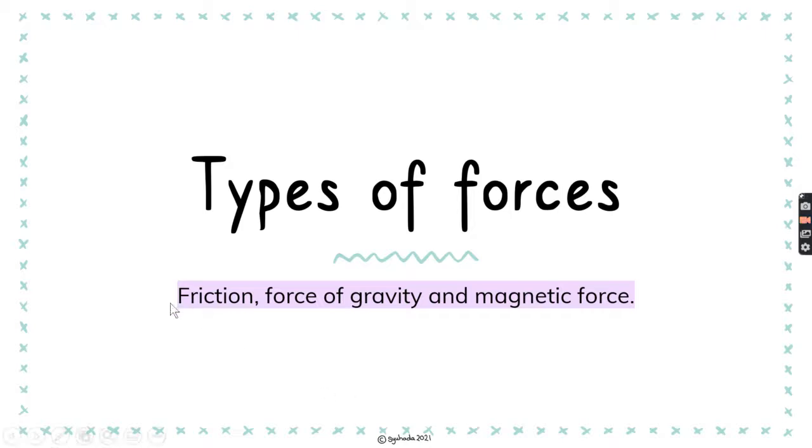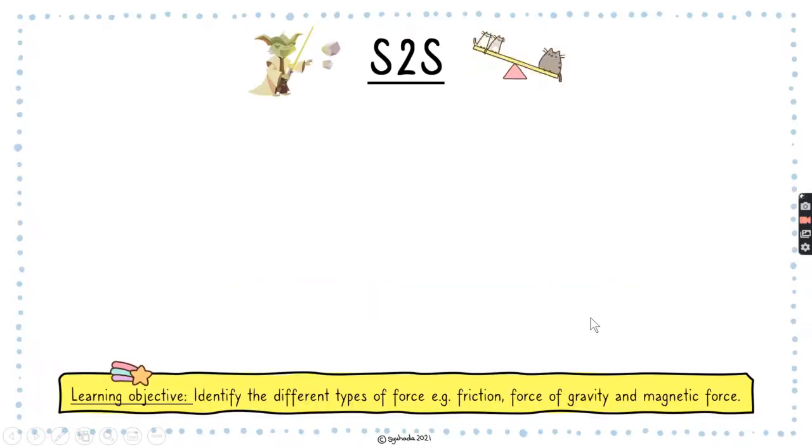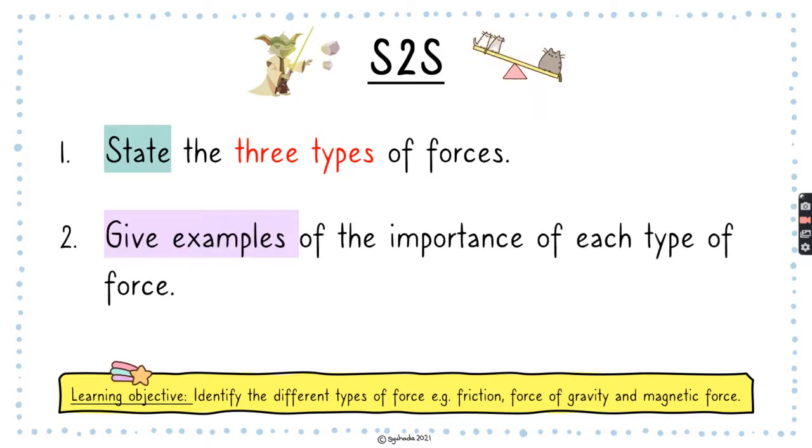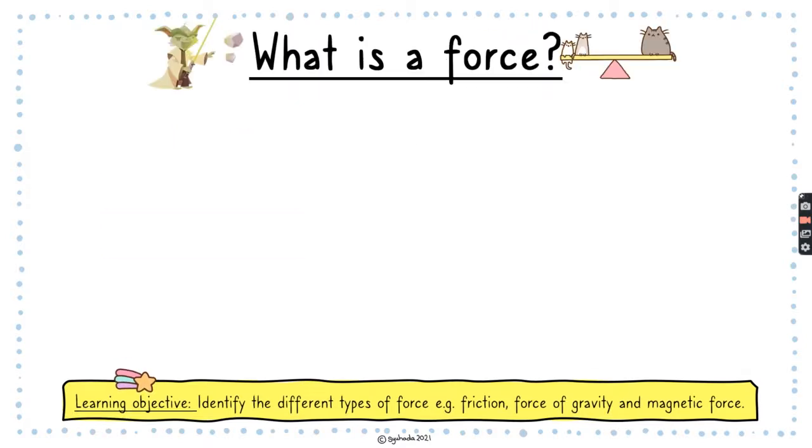So what are the types of forces that we need to learn mainly? Firstly, it's friction, and then we're going to talk about force of gravity and also magnetic forces. So our step to success is to state the three types of forces. As long as you mention these, then you are pretty good for the day. And give examples of the importance of each type of force.